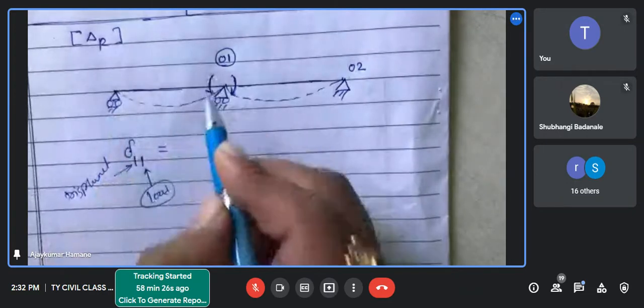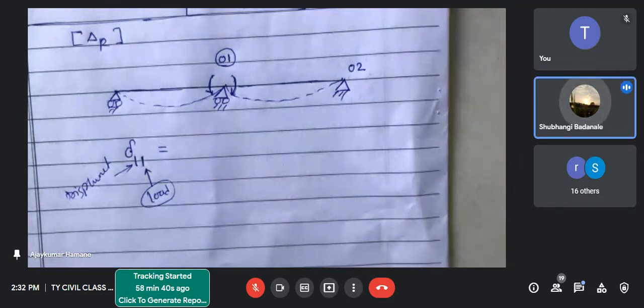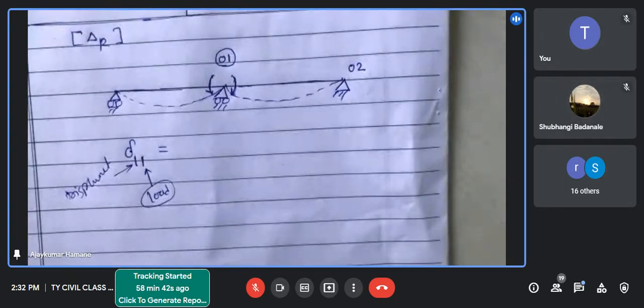What is this delta? Flexibility. Students, I have given one table. L cube by 3 EI. Just check once again. I don't have this table with me now.